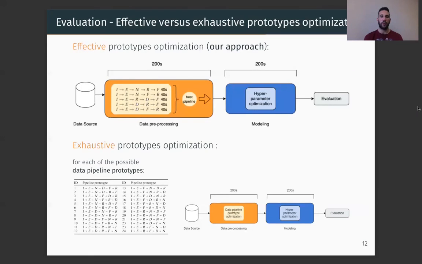Indeed, we were able to optimize all of them in the 200 seconds time budget assigned to the data preprocessing step. This was not possible for the exhaustive prototype optimization because in the exhaustive set, there were too many pipeline prototypes. Indeed, we repeated this optimization procedure for each of the pipeline prototypes.